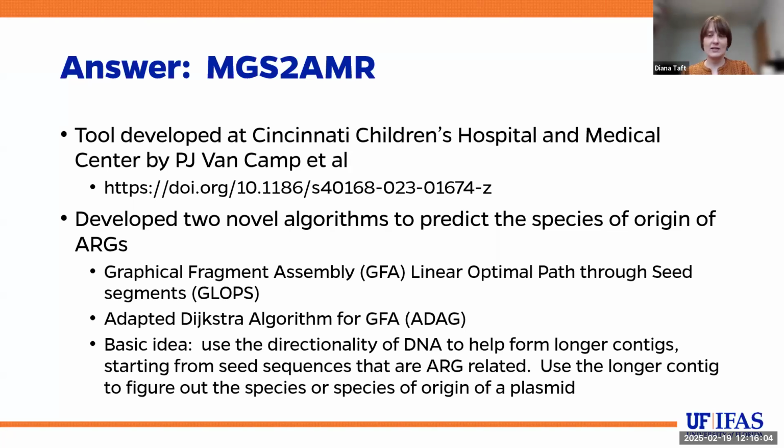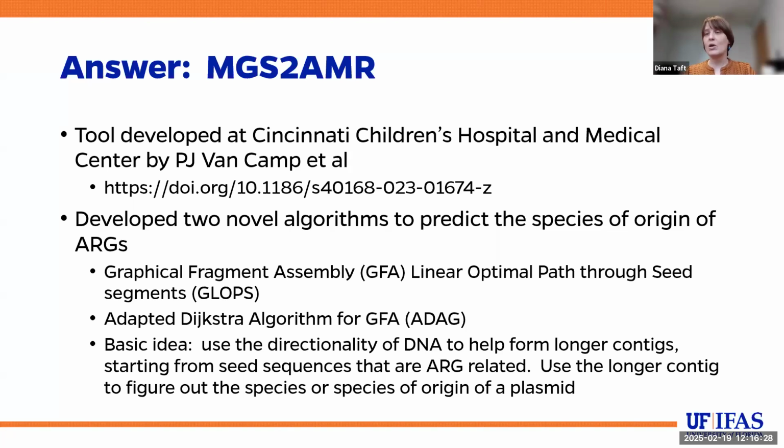And the basic idea here is that DNA has more information than just the sequence, because you know orientation, because you know 5' to 3'. So if you can use that orientation information to inform how your short reads assemble, you can start to find longer segments of coverage.